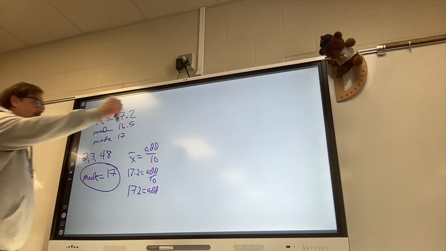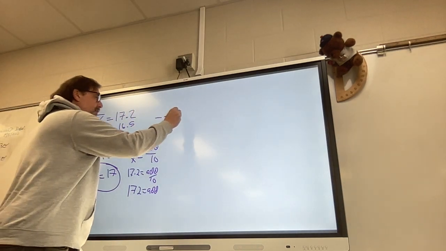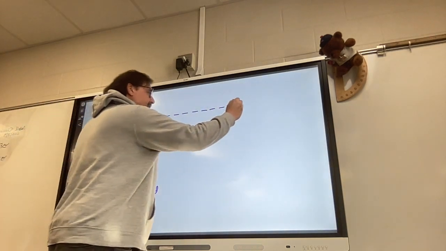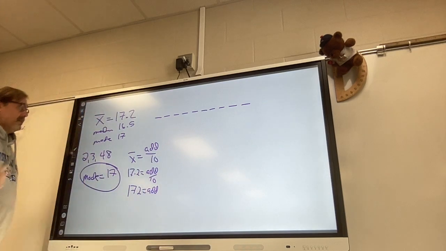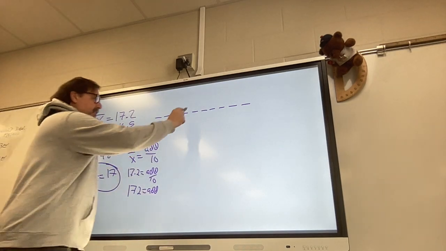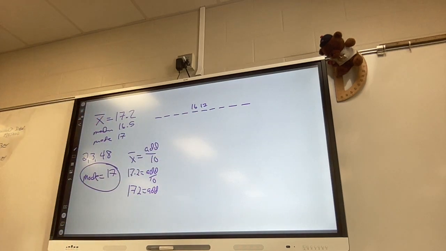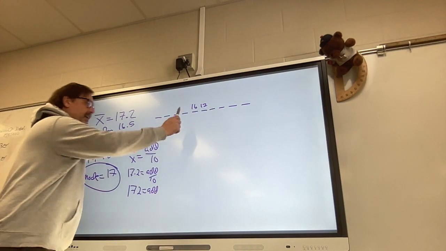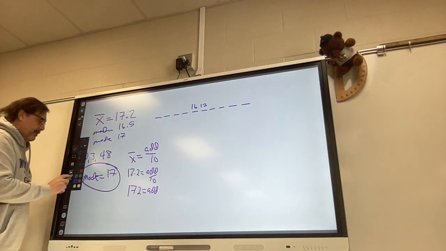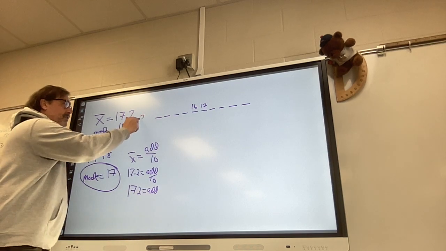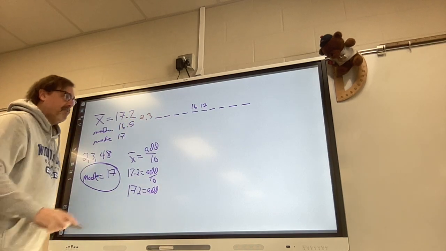And finally, here's what it looked like. 1, 2, 3, 4, 5, 6, 7, 8, 9, 10. The median was 16.5, it means a 16 and a 17. We did this when we were teaching this. It has to be 16 and 17 because the mode is 17, so we can't go 15 and 18. Here come the new people to the group. The 2-year-old and the 3-year-old are on the left end.